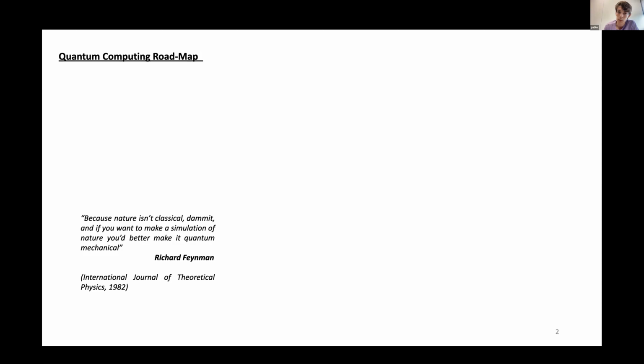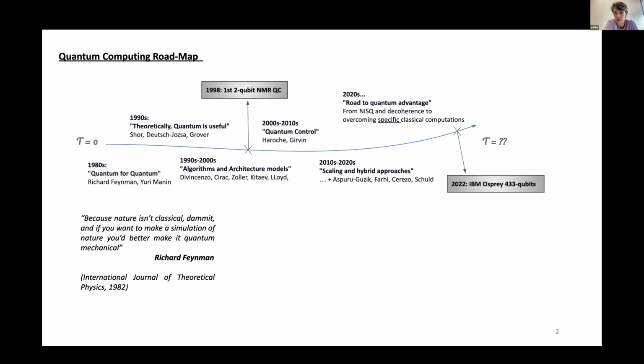From that point on, we have experienced huge progress in the field of quantum information and quantum computing. First, this idea that quantum has to be used in order to describe quantum.